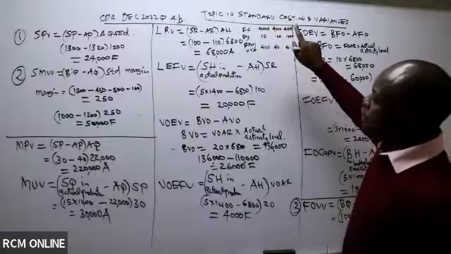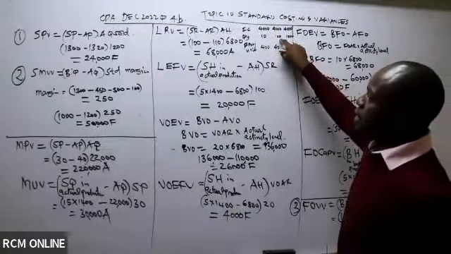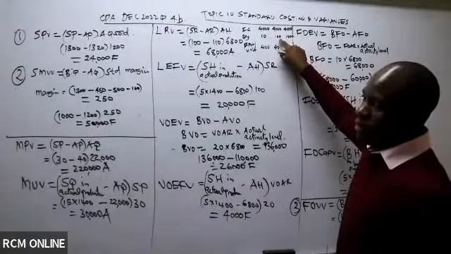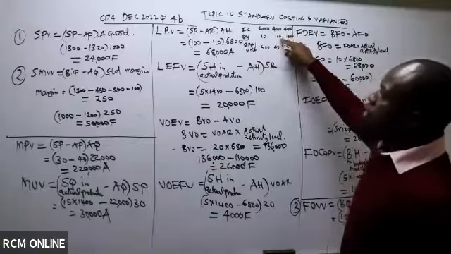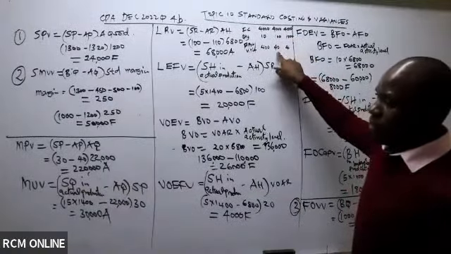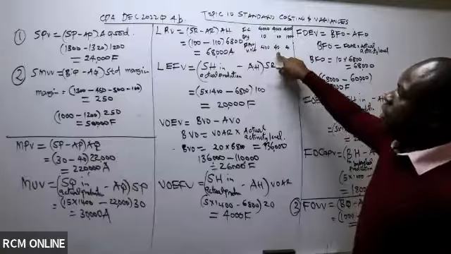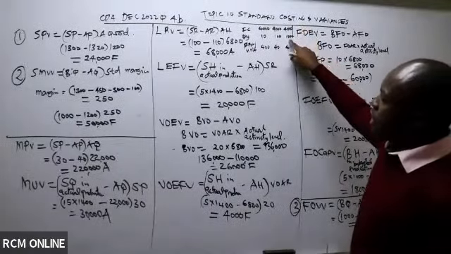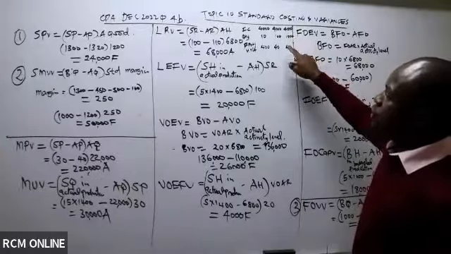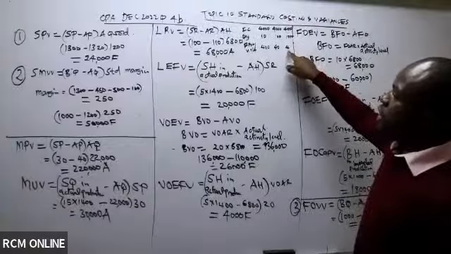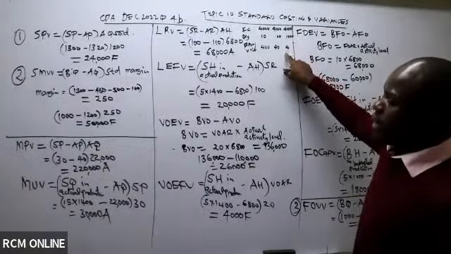If they deliver 100 parcels to you, you will be charged 40 shillings per parcel. If 1,000 parcels are delivered to you, you will be charged 4 shillings per parcel.